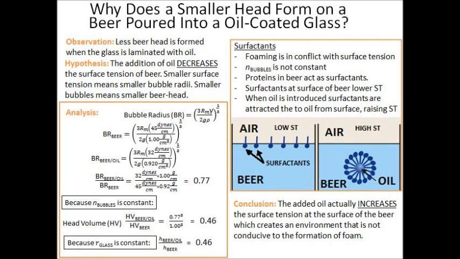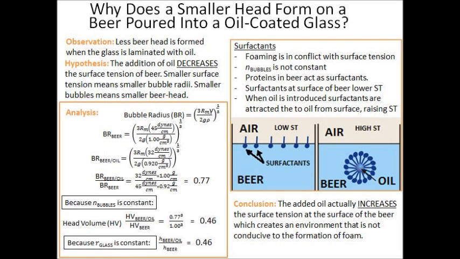And there's another thing going on here, and that is surfactants, which are basically proteins in beer that have hydrophilic heads and hydrophobic tails. When there's no oil in the glass, these surfactants align on the surface and act to lower the surface tension of the beer, making it more conducive to forming foam.